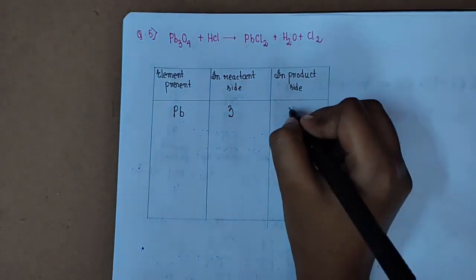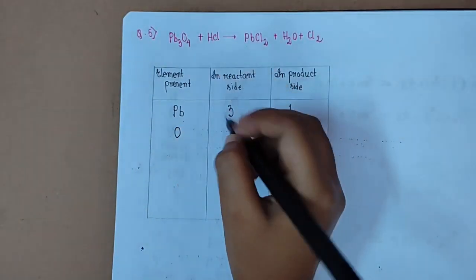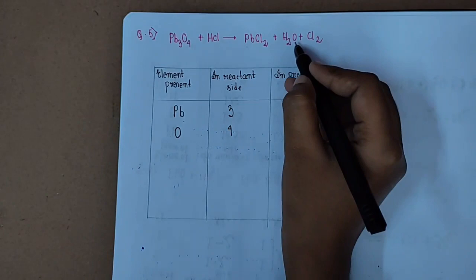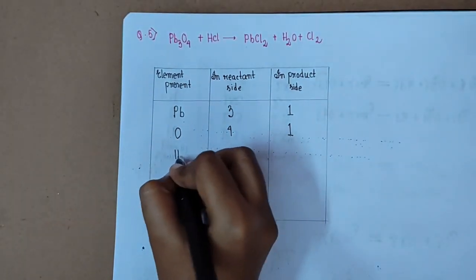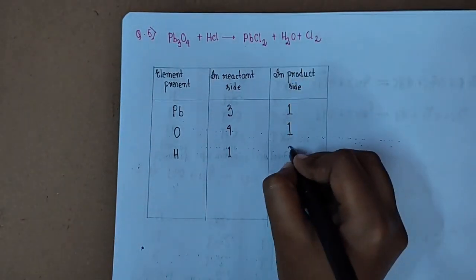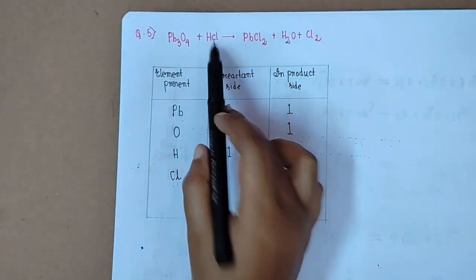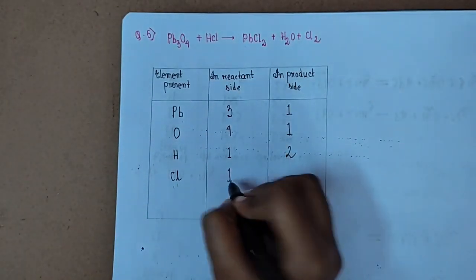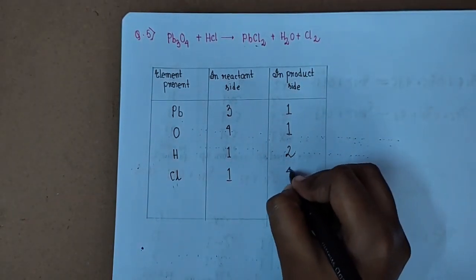And in the product side this is 1. Next oxygen. This is 4 in the reactant side and only 1 in the product side. Now hydrogen, only 1 in the reactant side but 2 in the product side. Last one is chlorine. Chlorine is 1 in the reactant side and in the product side it is 2 plus 2, that means 4.